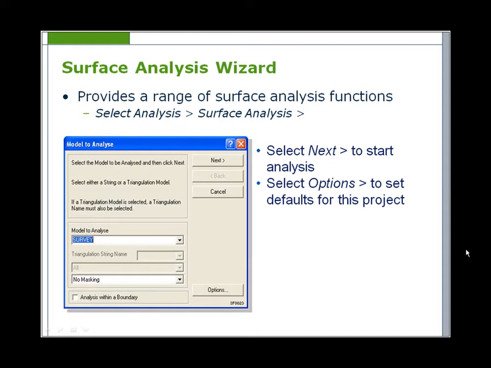If you're analyzing a triangulated model, then MX will ask you for the triangulation string name. In our case, we're going to analyze our road survey model, which happens to be a string model. So we would select the road string model here on the Model to Analyze panel and then select Next.